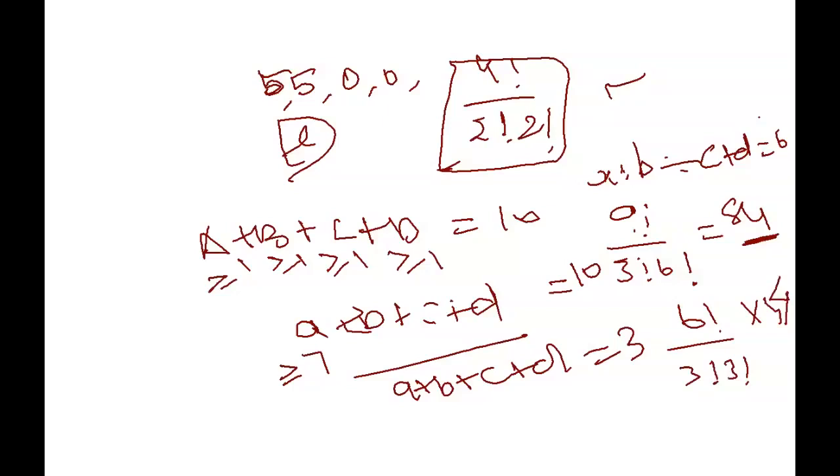So this can be 720 divided by, 3 factorial is 6, 720 into 4 divided by 36. It gives us 20 into 4. 20 into 4 is what? 80.